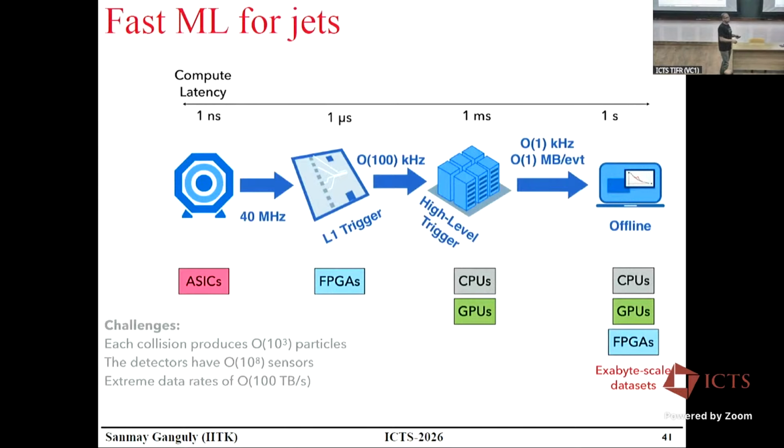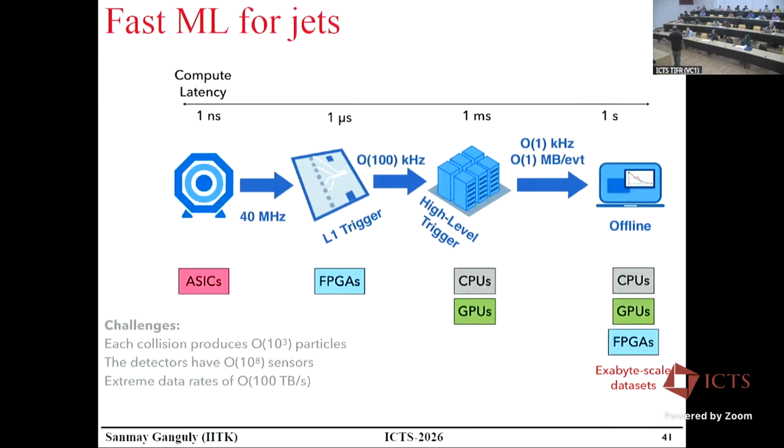I want to do machine learning inference tasks which match this rate. Right now, I'm doing machine learning where my inference task takes on the order of 1 second. So this fast machine learning will be applied to this 1,000 kilohertz rate. Right, L1 level. That's the target. And your DAQ should also work on that order.